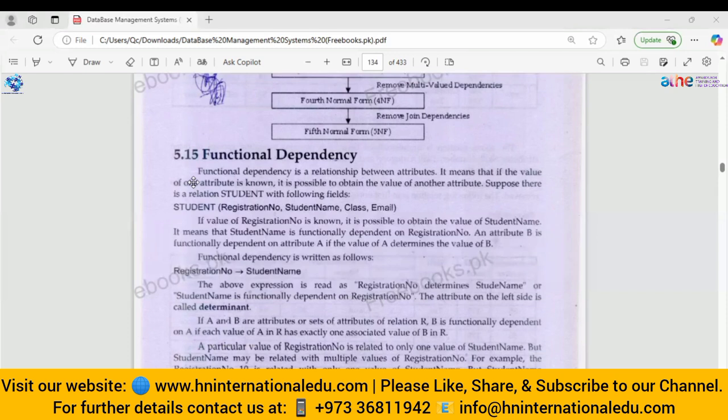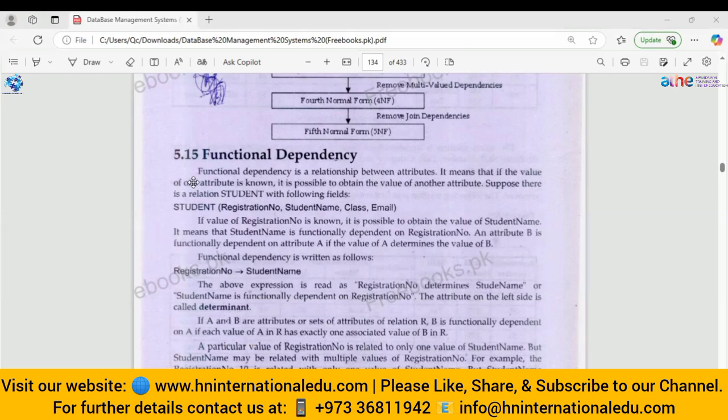If we have a registration number, then we can know the name of the student too. So the student name is functionally dependent upon the registration number. Otherwise, we cannot know the name of the student.